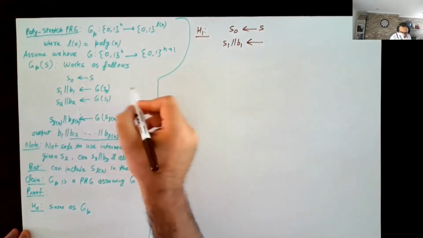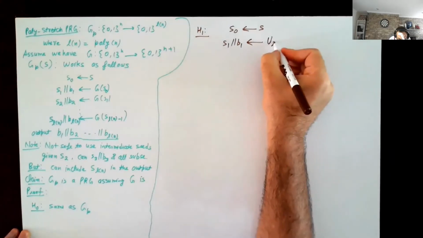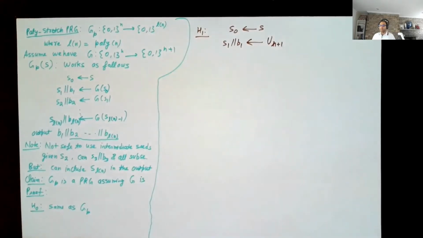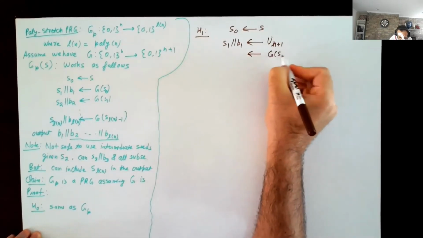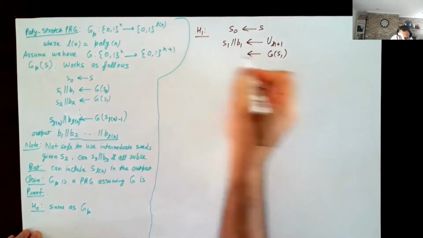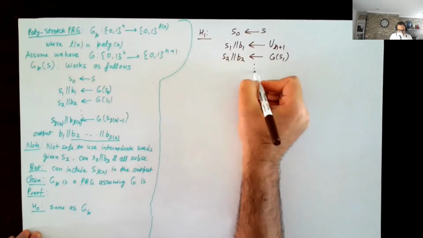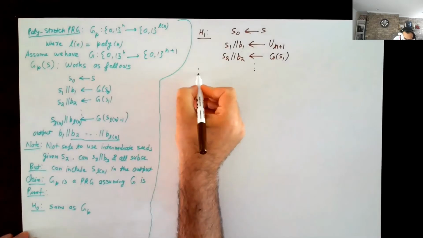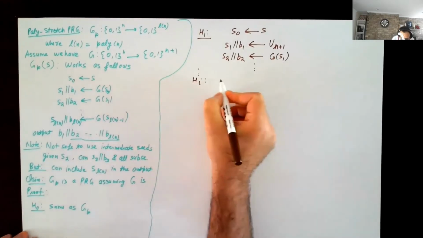So here, instead of invoking G of S0, I use uniform distribution to sample S1 and B1. But after that, I start using G again. And from this point onwards, I continue to use G. And then finally, you have HI, right?